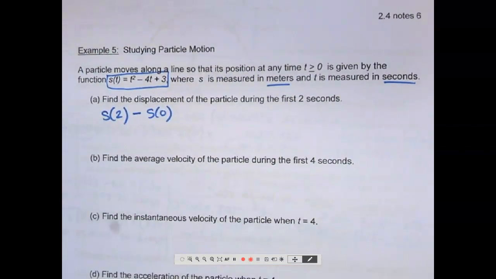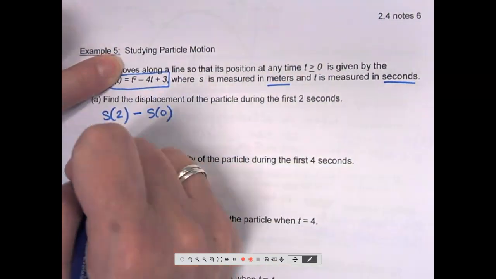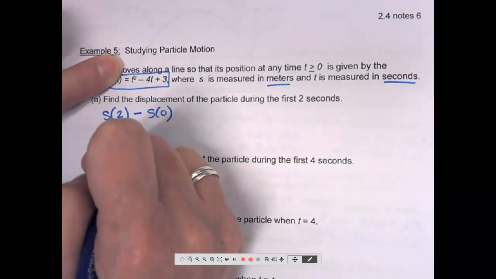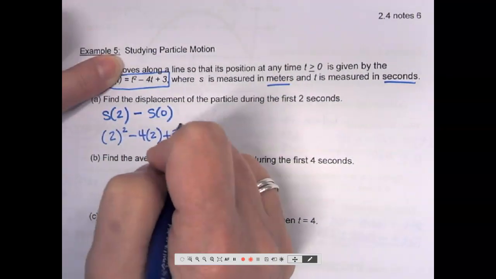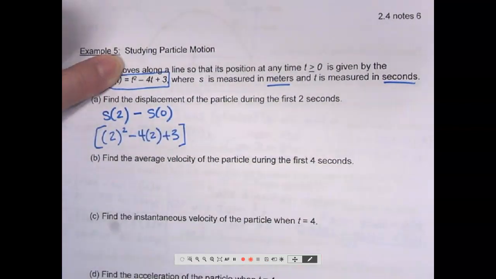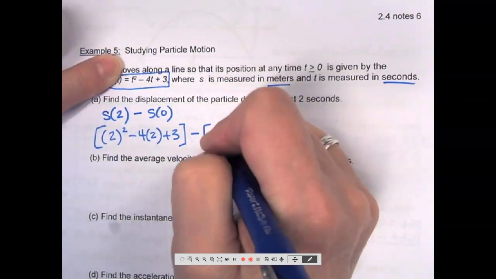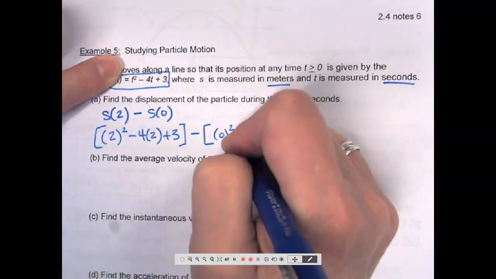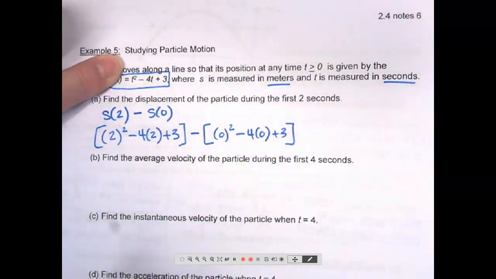Does that make sense? So if I said find s of 2, I'm just plugging 2 into the s function. So 2 squared minus 4 times 2 plus 3. That is your final position, minus initial: 0 squared minus 4 times 0 plus 3.